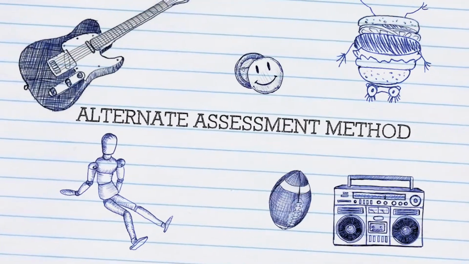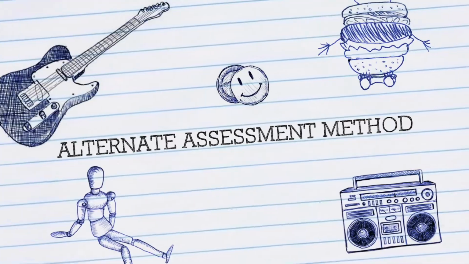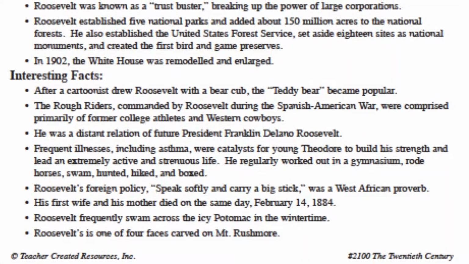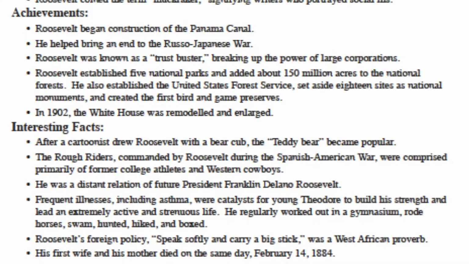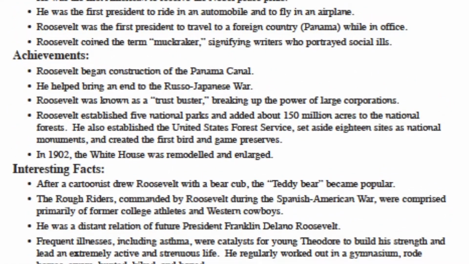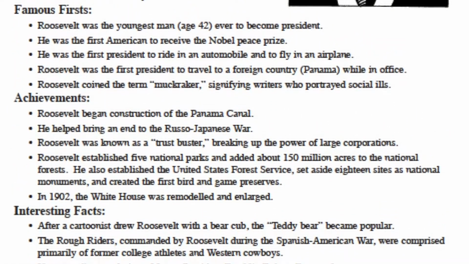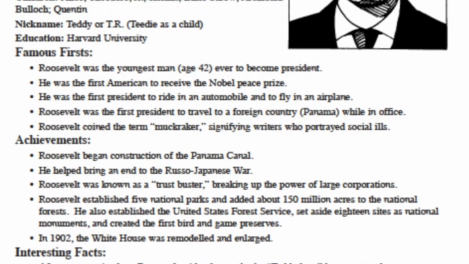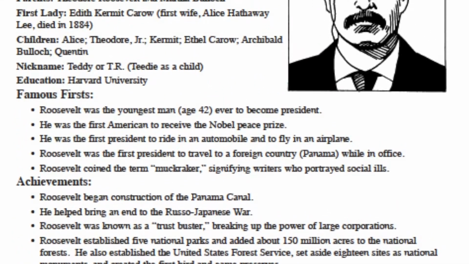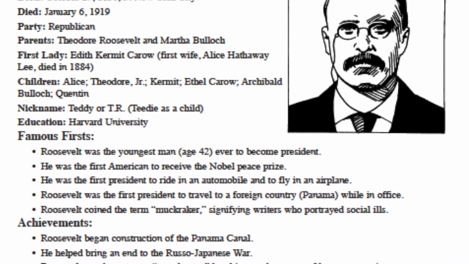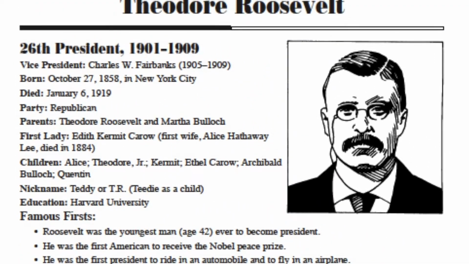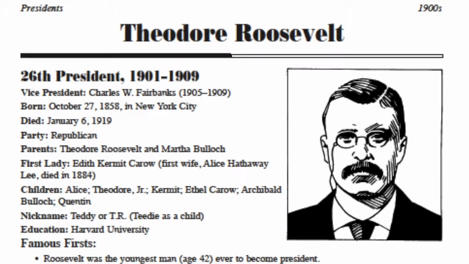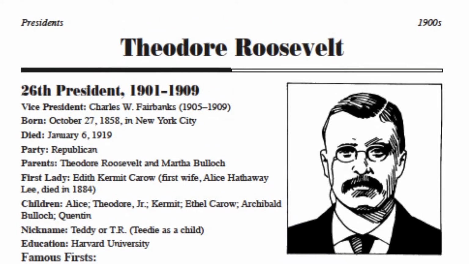Or you can use it as an assessment. Let's say you're doing a biography project or a social studies project, and each student has chosen a president to research. Traditionally, we have given kids outlines or templates and said, okay, take the information you read and turn it into an essay to demonstrate your knowledge of this person.